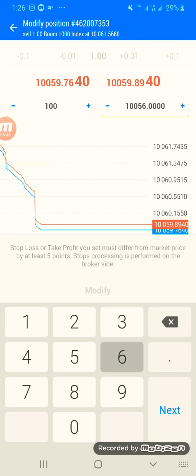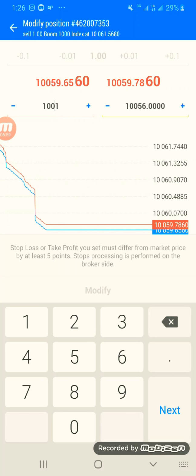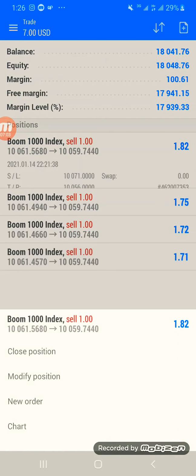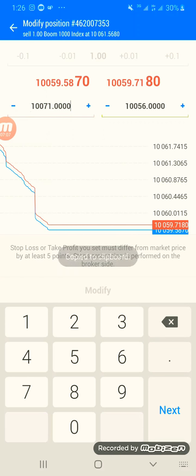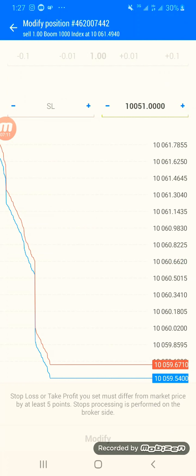So if you want to make your SL 10 pips, then change the 6 into 7, and that is how you get 10 pips for your risk target. That is what you will lose each.